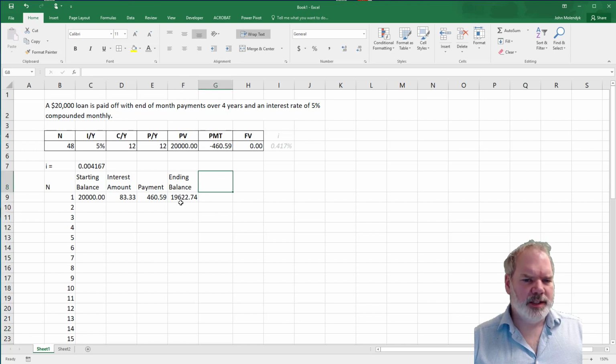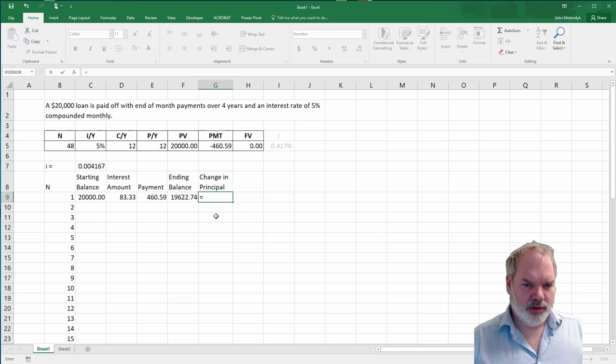I'm going to do a little analysis of it. So of this $460.59, I'm going to say $83 went to interest. I want to know how much went to principal. So I'm going to say change in principal. You don't have to add this column, but we're just going to have a little bit of a conversation with it. So equals, I'm going to say we had our $20,000 at the beginning. We subtract off how much we had at the end.